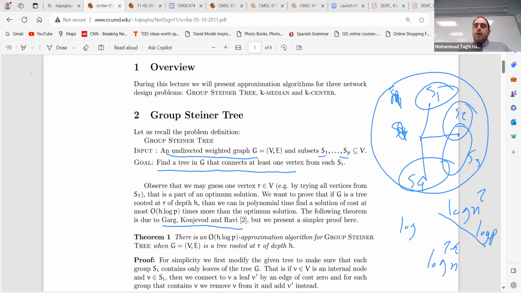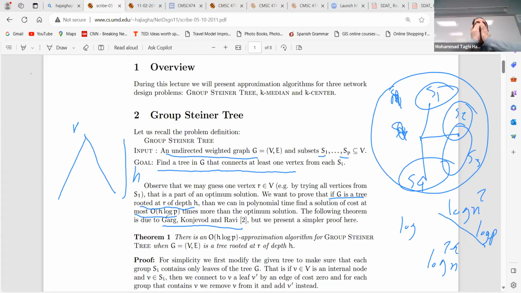So here we want to prove this: if G is a tree, rooted at R and of depth H, so this is the root R and the depth, or the height, is H, then we can find a solution of cost at most H times log P more than the optimum solution.